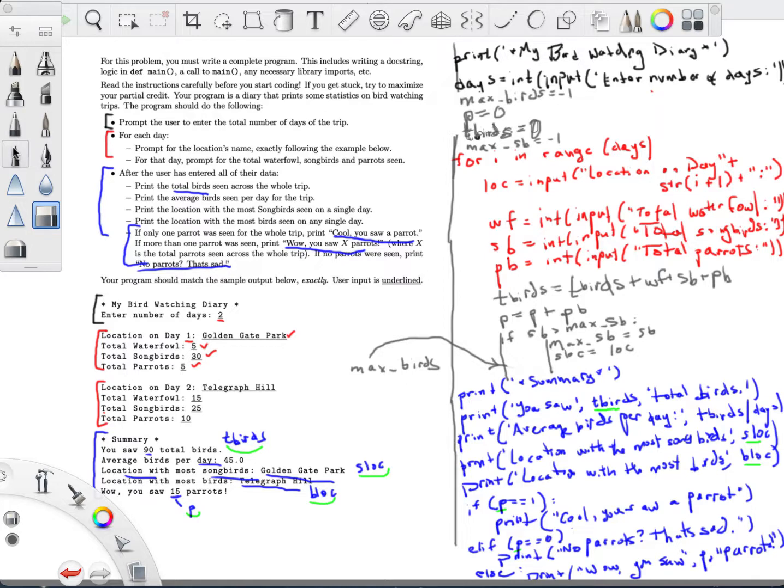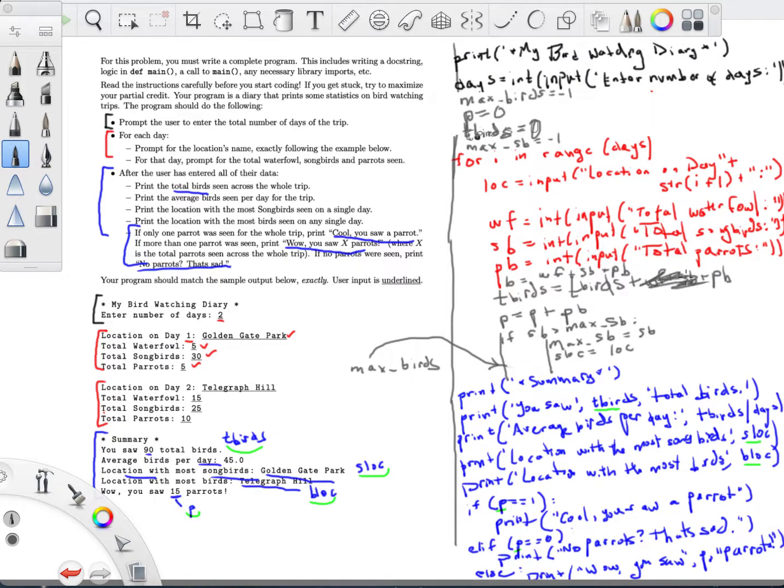I didn't actually have a name for the total birds in this location because I just added up WF, SB, PB. So I'll say B equals WF plus SB plus PB.